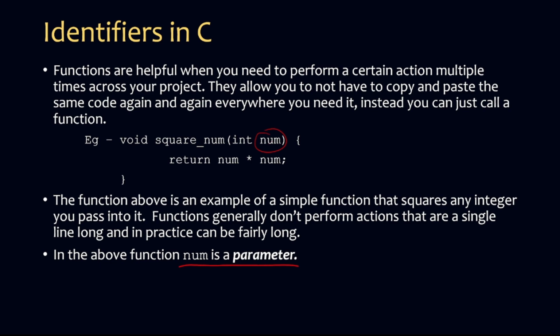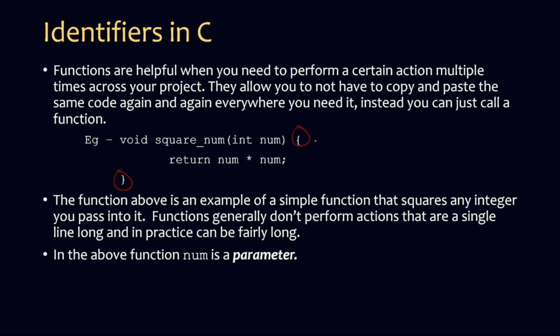It's just a nitpicky, technical thing. It's not actually needed, but it's good to know what a parameter actually is. Okay. So this num here, it's not just any variable, it's a function parameter, of the type int. Okay, a function's parameter is just a variable that can be used inside the scope of the function.